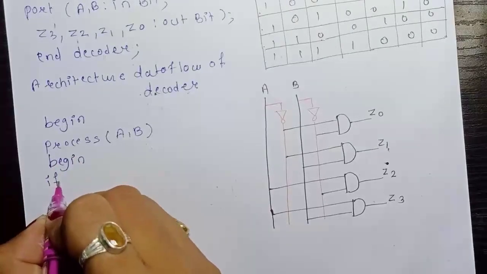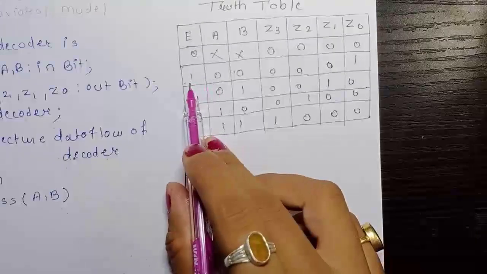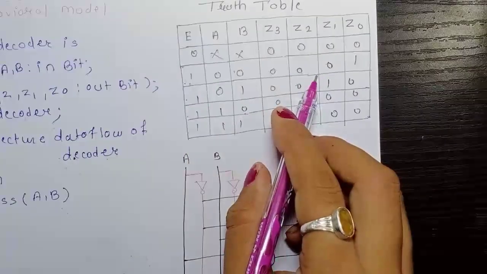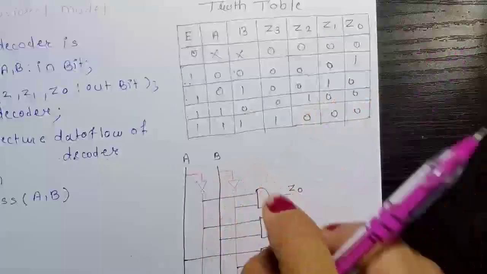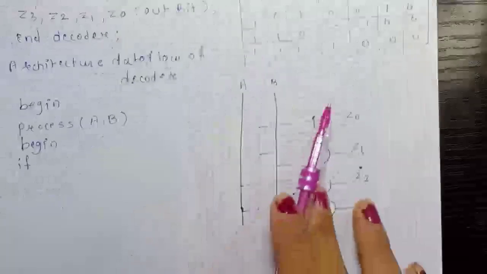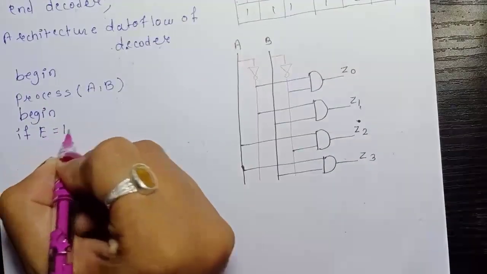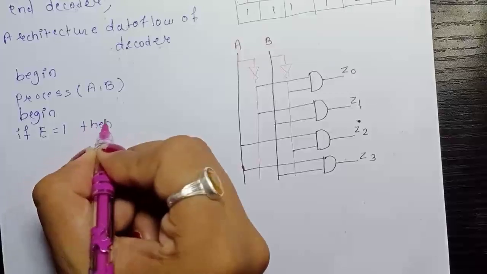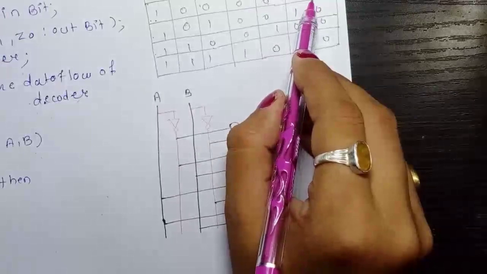So if E is equals to 1, then only my decoder is in on condition. If E is equals to 0, it means that my decoder is in off condition. Okay, so here we have to specify if E is equals to 1. Then what happens when E is equals to 1? Then Z0.